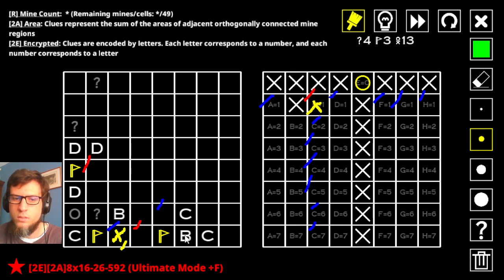Wait, this B, if these connect up, then this B wouldn't be able to have anything outside the influence of that C, and this C wouldn't be able to have anything outside the influence of that B. So those two can't connect.